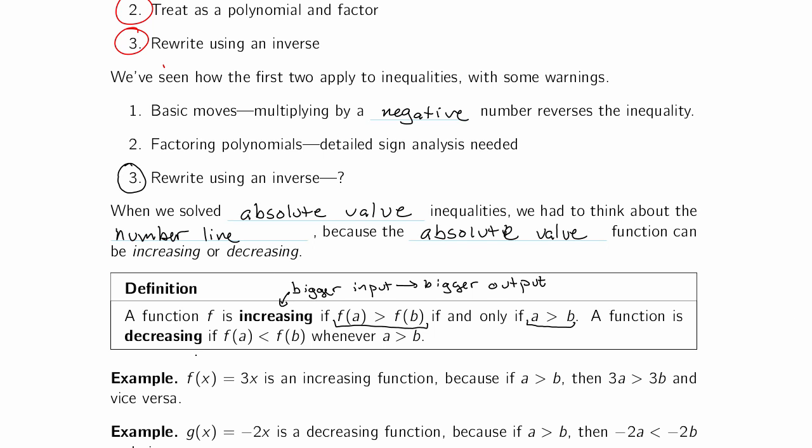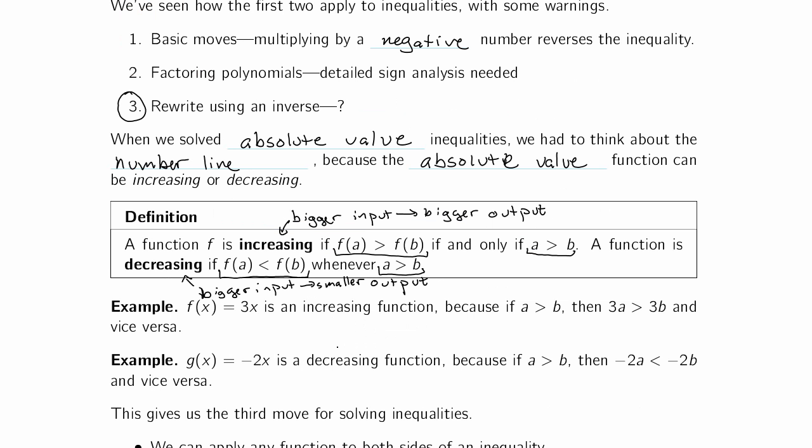A function is decreasing if a bigger input gives a smaller output. So when A is greater than B, f of A is less than f of B: the larger input gives the smaller output, and vice versa. So if I have a smaller output, it came from a bigger input.